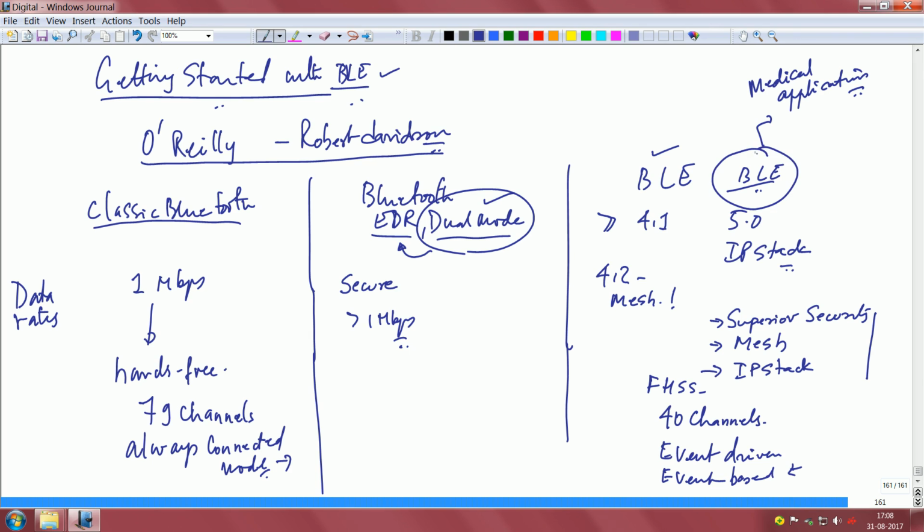Perhaps it is time that BLE might replace other low power technologies, particularly IEEE 802.15.4, although 15.4 has a lot more technologies like 4A, 4B, 4C, 4G, which essentially I think is for smart metering applications.